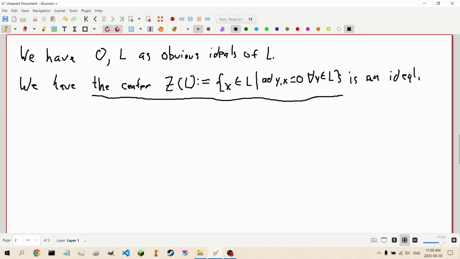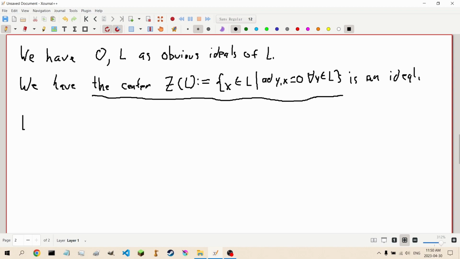And if you recall from before, the algebra L is abelian if the bracket is always 0, because it's derived from an algebra using that formula xy minus yx. So if the algebra it's derived from is abelian, that formula gives you a bracket which is always 0.